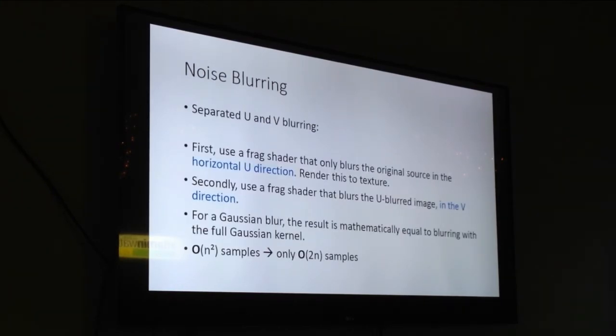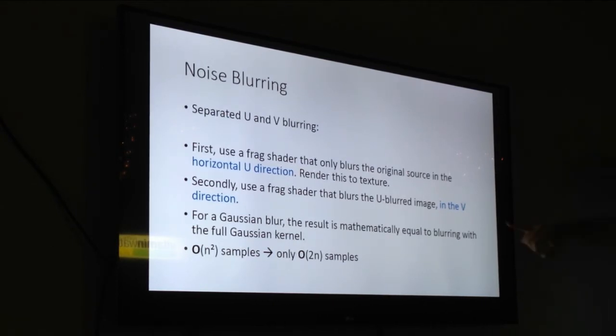Fortunately, unlike SSAO, a blur is separable. What this means is that you can first blur it in the horizontal direction, and then blur the result of that in the vertical direction, and you can prove that you get exactly the same result as if you did the entire 2D blur around every pixel. This turns it from order n squared samples into order 2n samples per pixel.